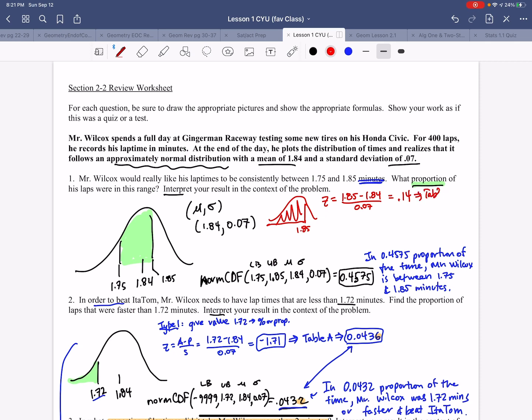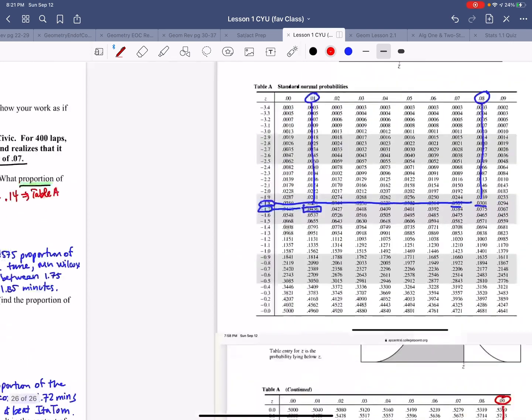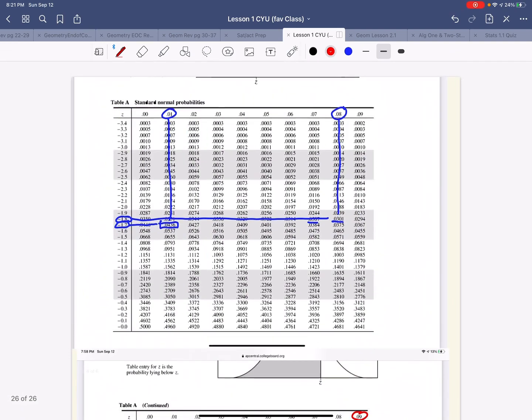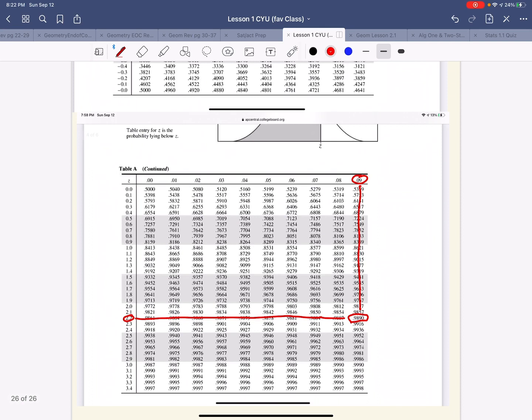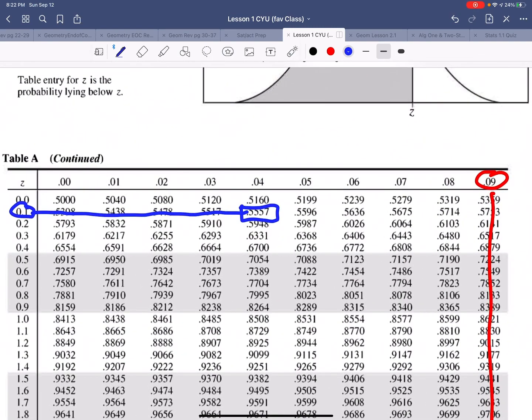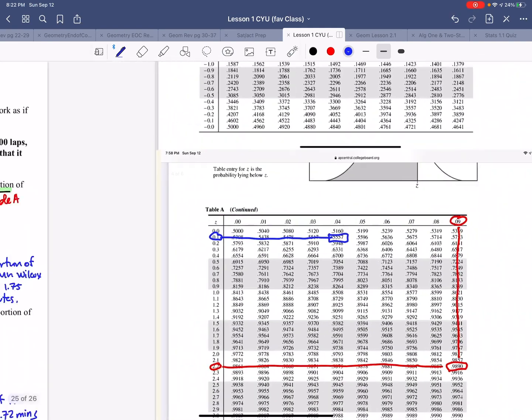Gonna go to table A. I'm going to look for a z-score of 0.14, so it's 0.5557.